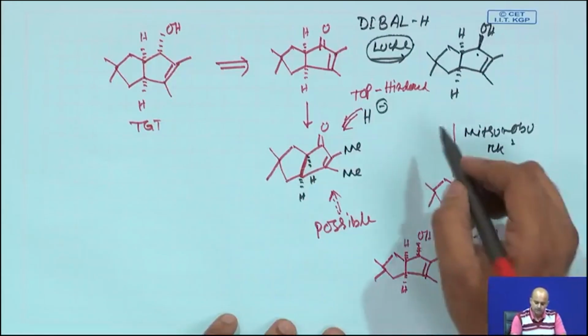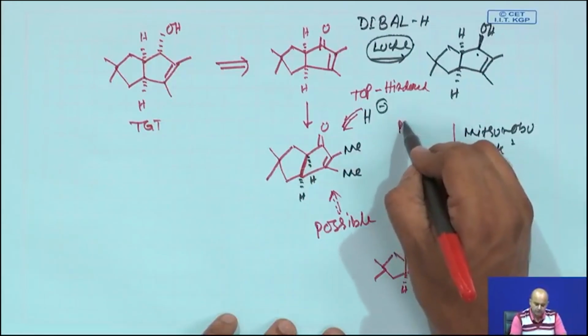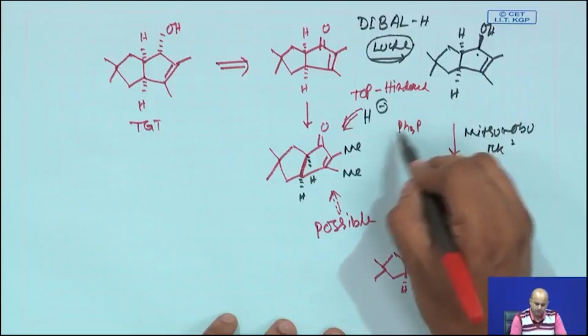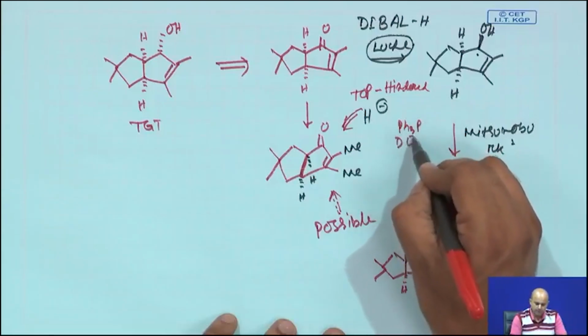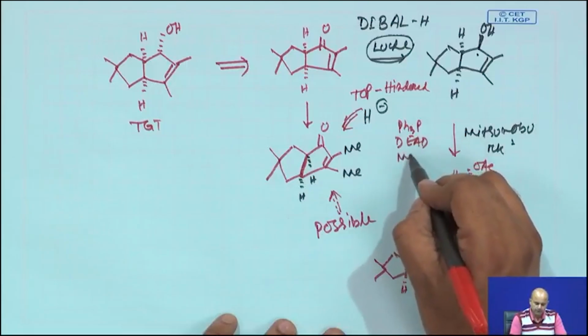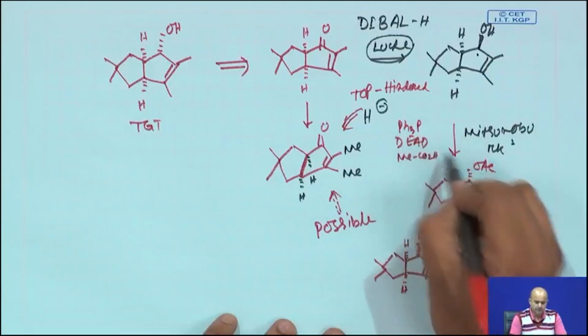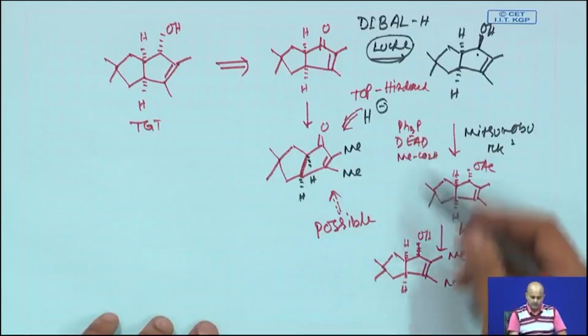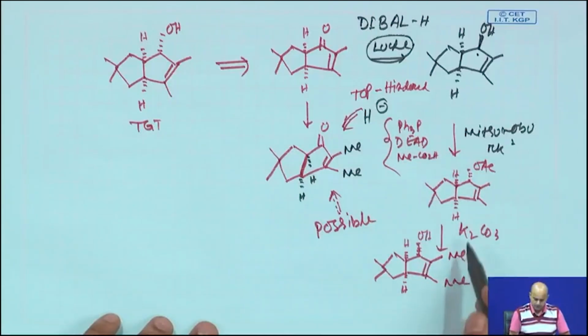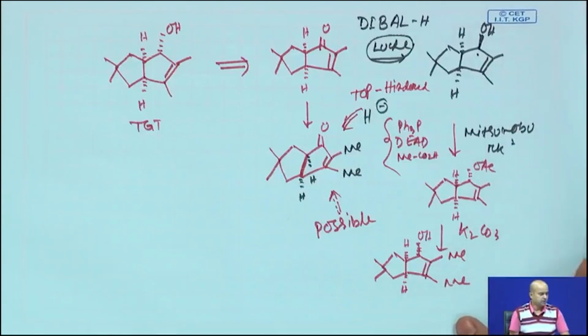So, Mitsunobu reaction, the reagent conditions will be using triphenylphosphine, you will be using DEAD, and you will be using acetic acid as the main reagent. These things in combination will give you the initial inverted acetate, then you follow the hydrolysis, that will basically give you the complete story.